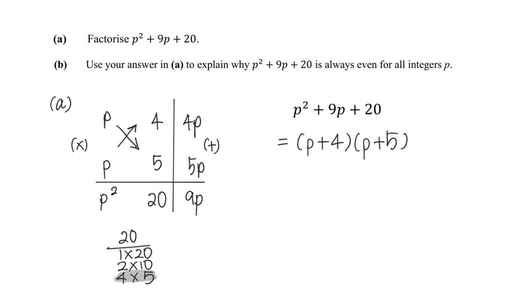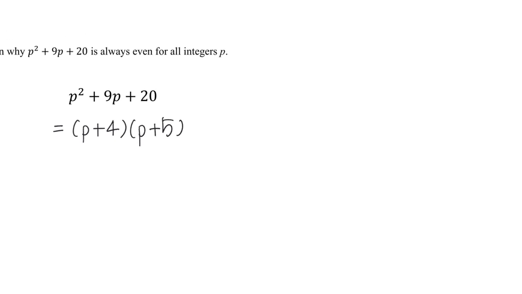Now from this answer, how can we explain that this expression is always even for all integers of p? To consider that, we have to consider that integers p could either be odd or even.